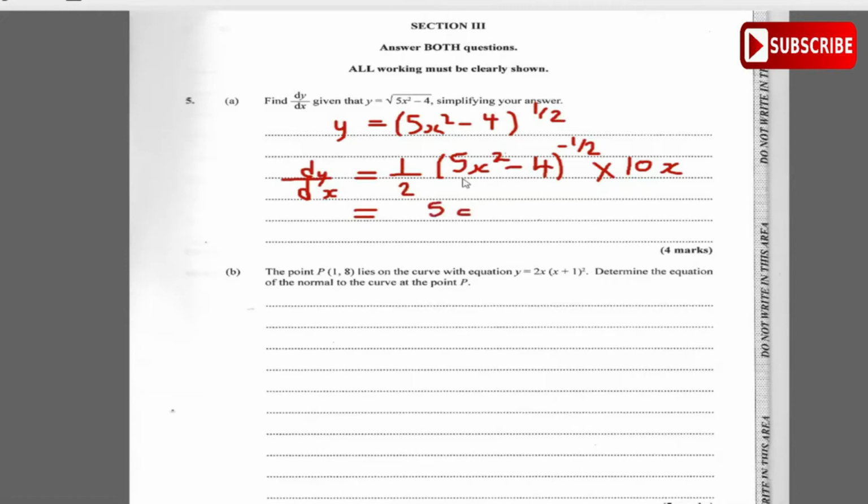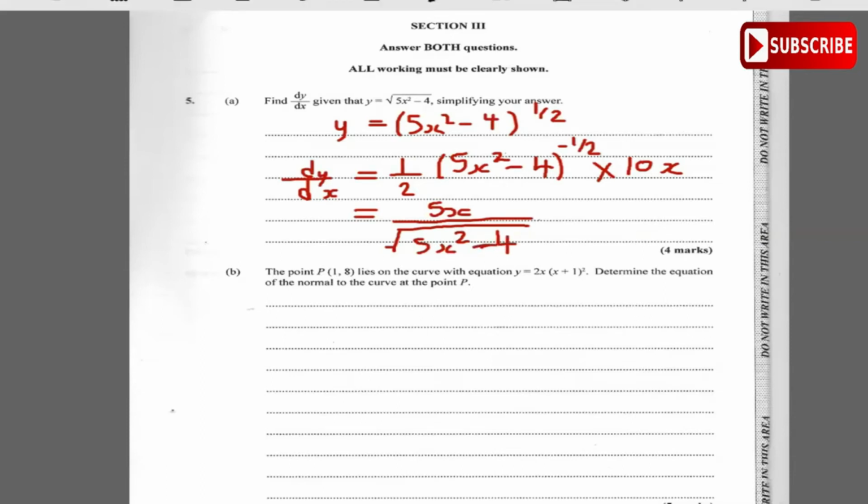And then right here, 5x squared minus 4 to the negative half. That can go in the denominator as the square root of 5x squared minus 4. So that is dy by dx. dy by dx is 5x over the square root of 5x squared minus 4. Nice and easy.